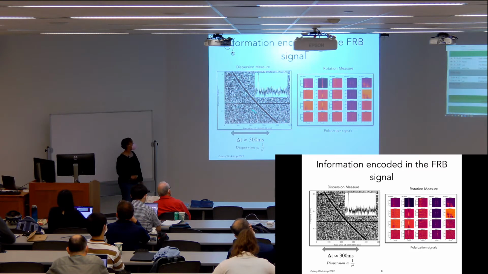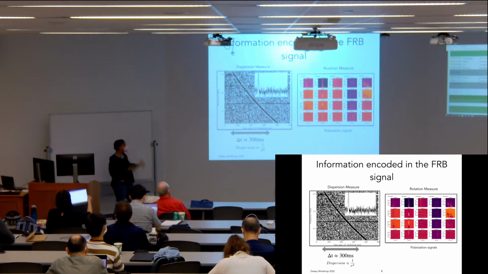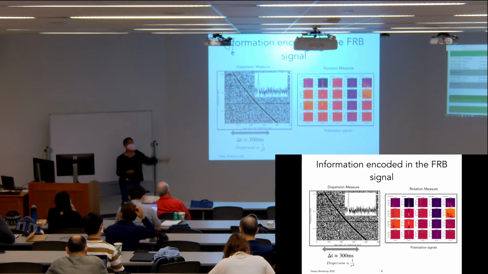One property is the dispersion measure, which is the sweep caused by the different velocities at which different frequencies move through the ionized medium that it travels through, such as the intergalactic medium, our own halo, things like that. You have frequencies arriving at your detector at different times, and that spread in time can tell you about the density of material that it traveled through on its way to us.